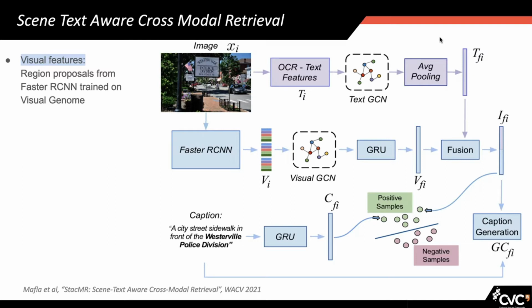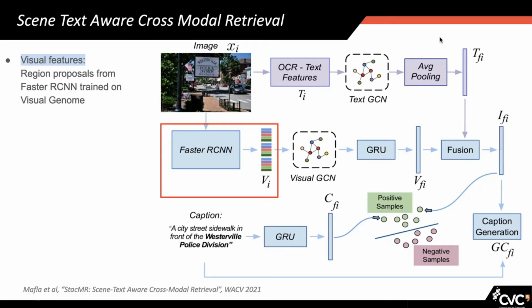In this case, we just have a very task-specific model. We have visual features coming from a Faster R-CNN, pre-trained on Visual Genome, and rather than predicting only specific objects contained in the image, it also predicts adjectives and other descriptions that can enrich these features.